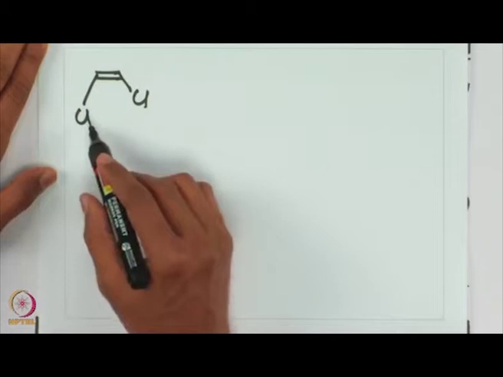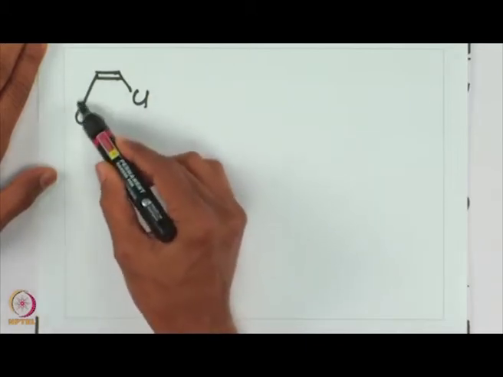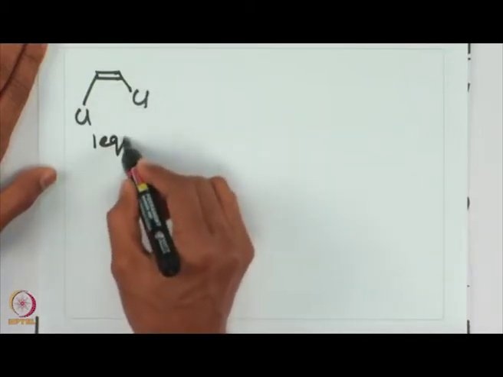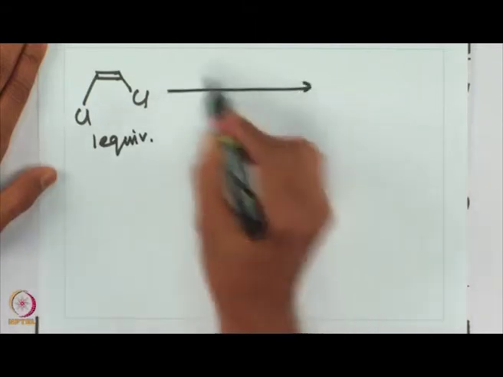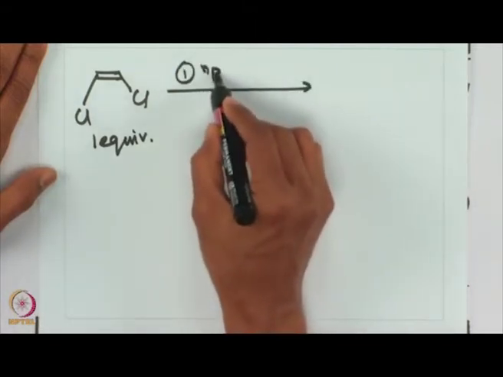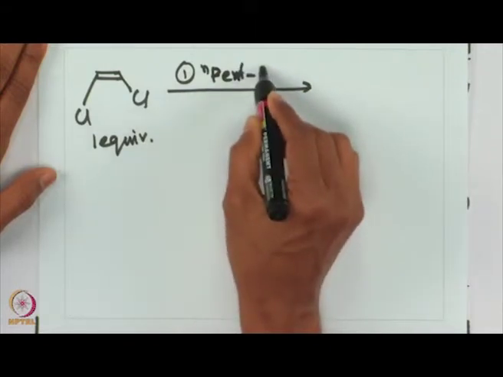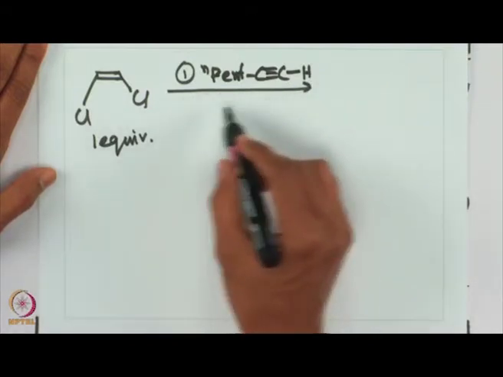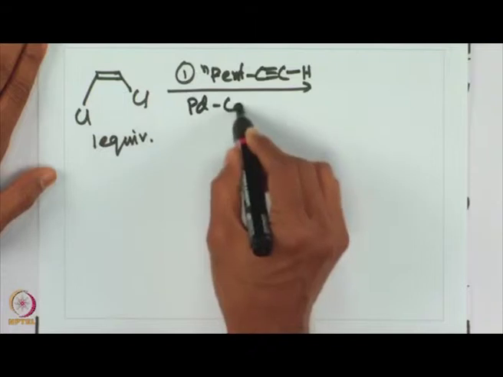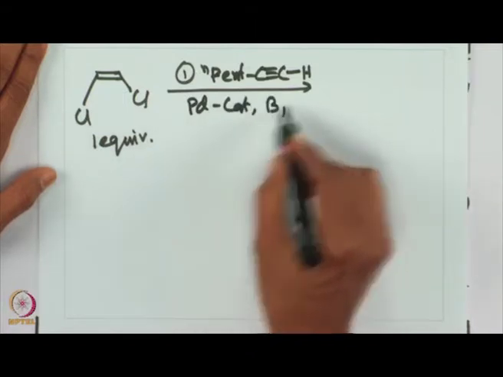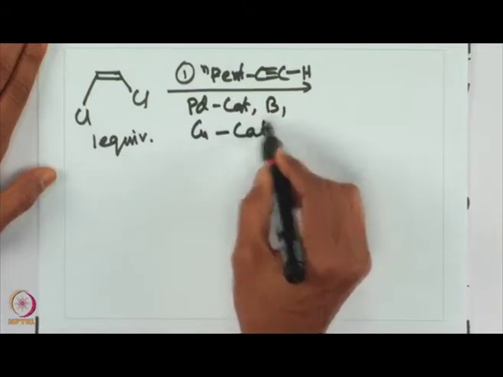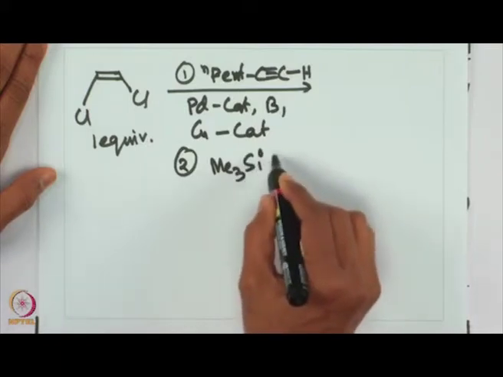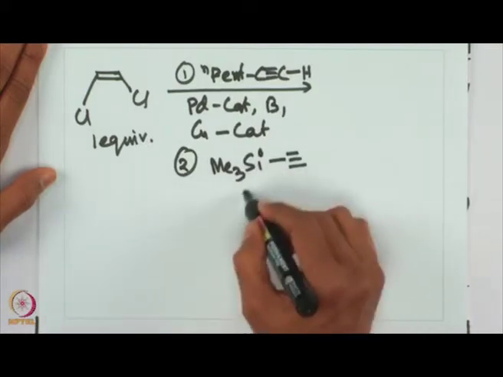The idea here is to put one alkyne here and a different alkyne here. Let us say you take one equivalent of this, and then one of the alkynes, let us say N-pentenyl alkyne, you take one equivalent, and you are using a palladium catalyst, a base, and also a copper catalyst. That is the first step. Second step, in the same pot you can take another alkyne, and then you of course heat overall.